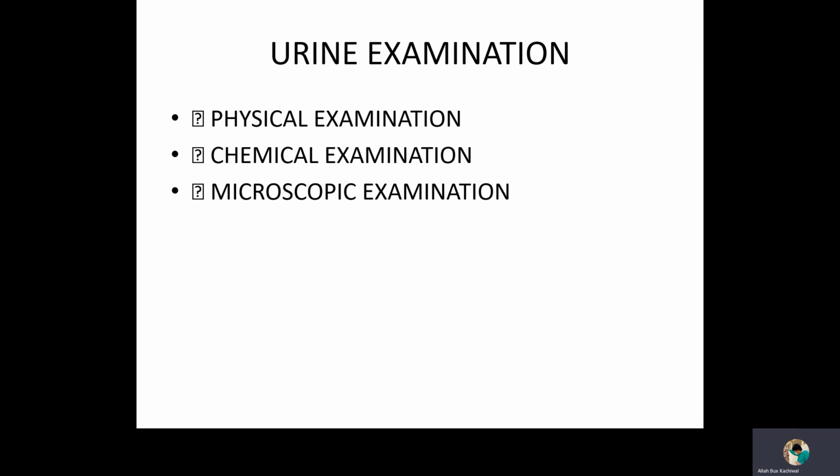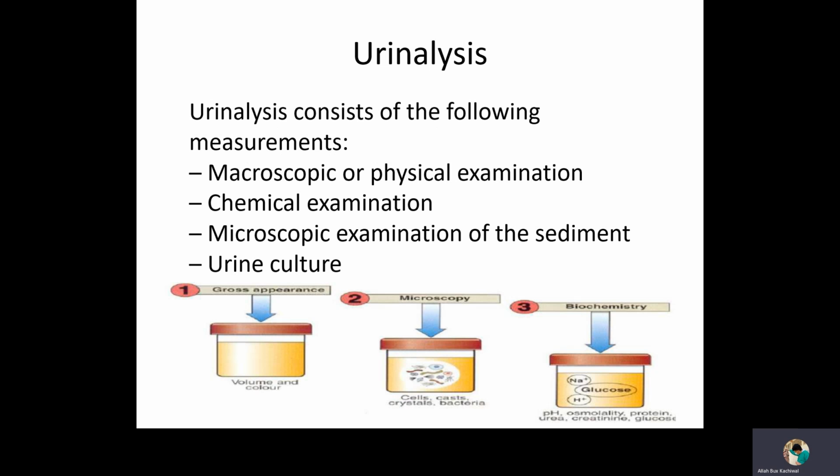This is known as a complete urine examination or urine DR. Urine analysis consists of the following measurements: macroscopic, meaning physical examination, chemical examination, and microscopic examination of the sediments, or urine culture.